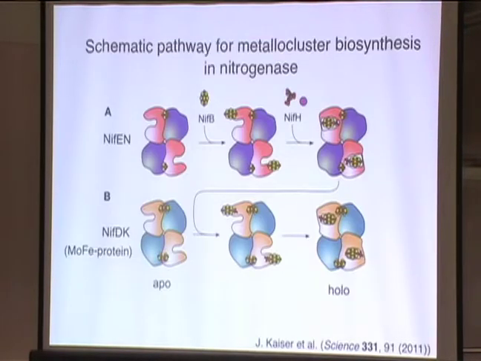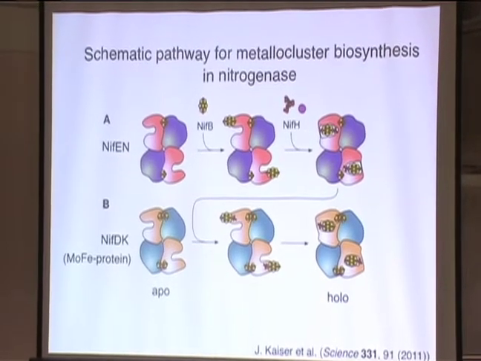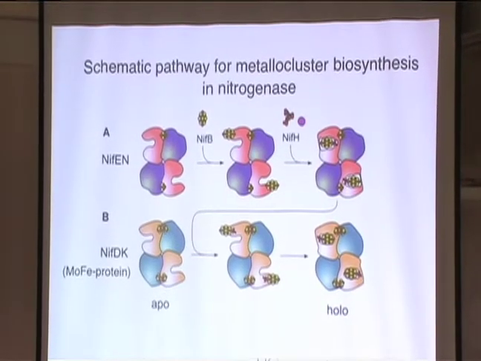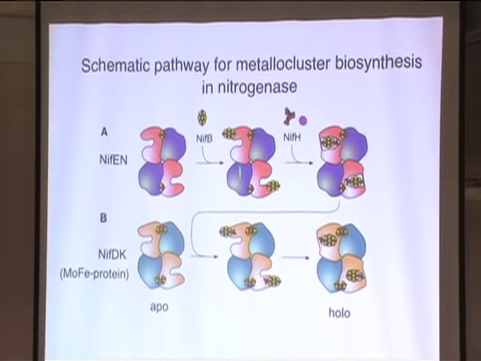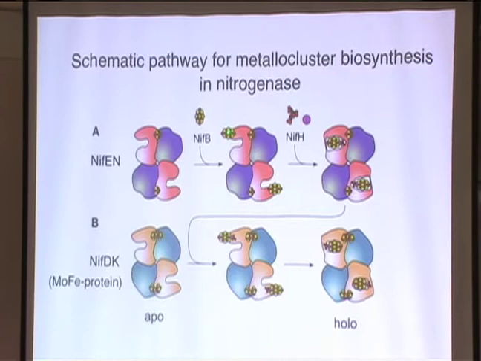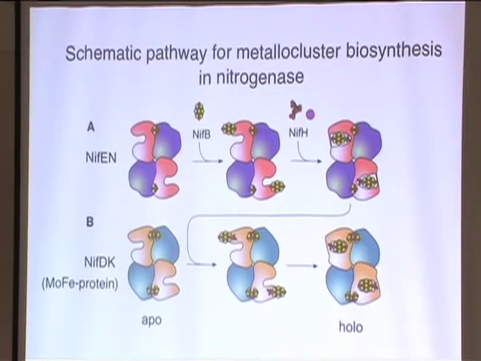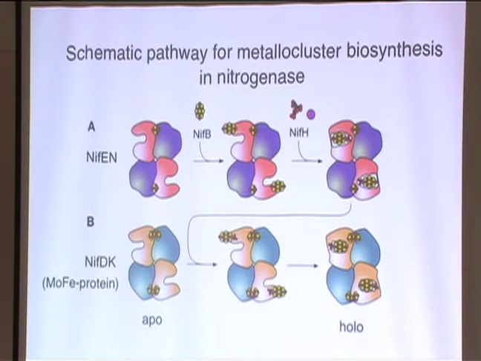And so we've been looking based on these similarities. We've seen that NifEN is similar to NifDK, which is the MoFe protein. These are the names of the genes. And we have in what would be the counterpart of the alpha subunit cases where some complex apparently can dock to the surface. It then goes inside a cavity, and probably at this point something happens in terms of either electron transfer chemistry or other ligands binding.